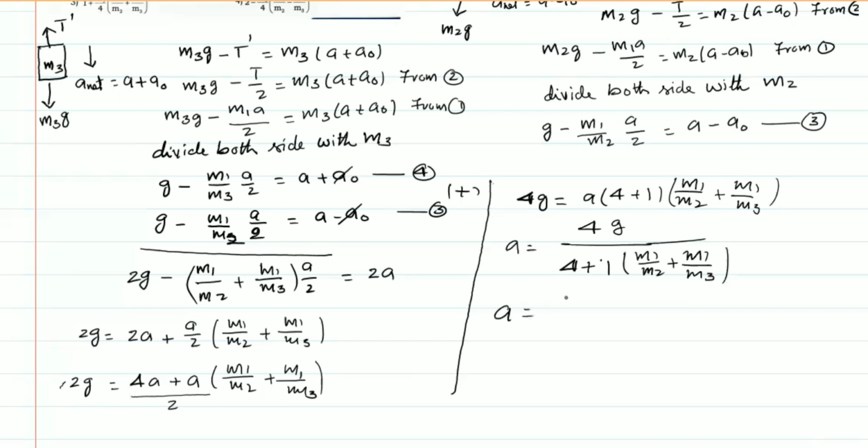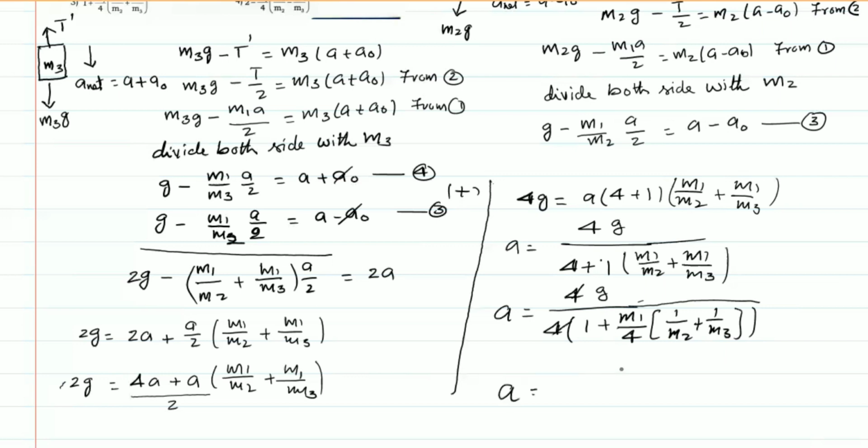Yes or no? Now I am going to take the common 4. So 4g by 4, if I take 4 common, it becomes 1 plus 1 by 4. m1 also I will take as common in both the terms. So m1 by 4, and the remaining is 1 by m2 plus 1 by m3. 4 and 4 get cancelled.